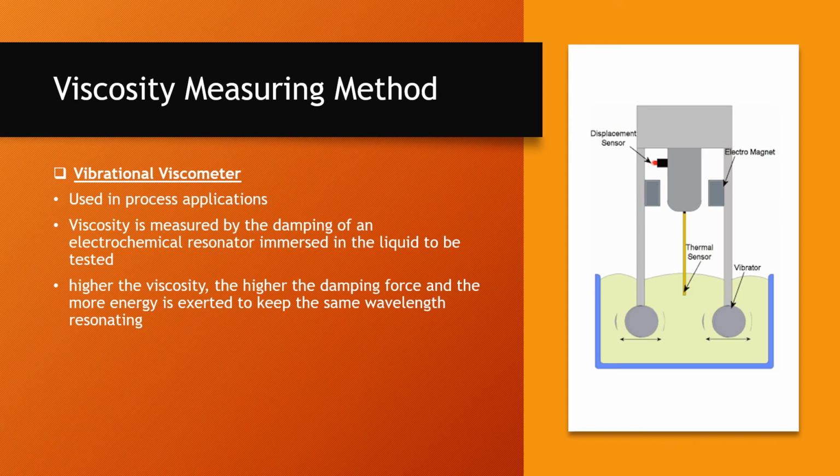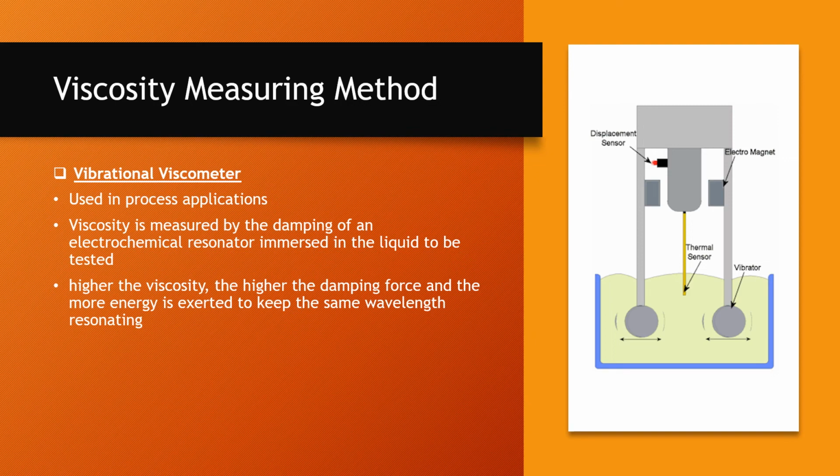Another method would be the vibrational viscometer. This method is widely used in process applications in industries. In this method, you'd have a vibrator or two vibrators immersed in the fluid. Once immersed, the vibrators would start vibrating and create a damping force.